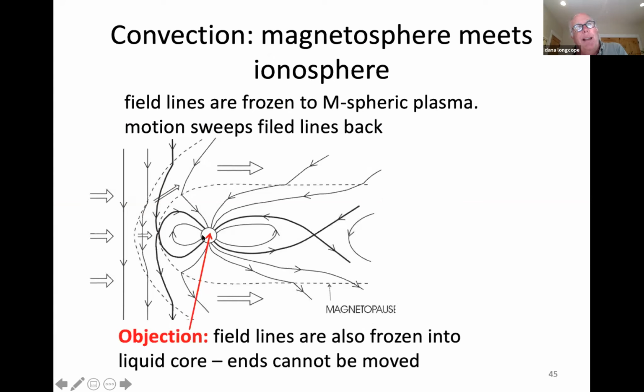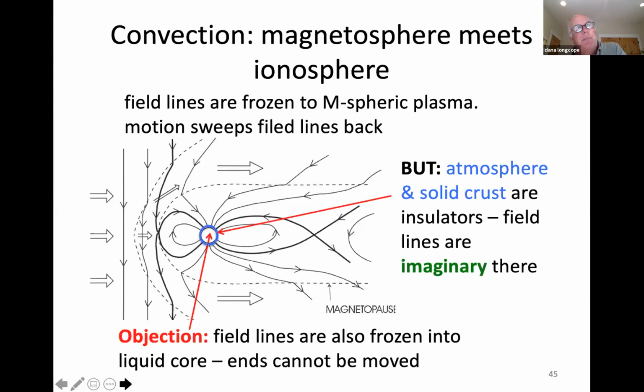And if you think of magnetic field lines as frozen to that, and Amitava gave you a run through of how MHD talks about field lines being frozen, if the field lines are frozen to that, how can they move across the North Pole region of the magnetosphere as fast as they do? So what gives? We have very slow motion where the magnetic field is generated and very fast motion out there.